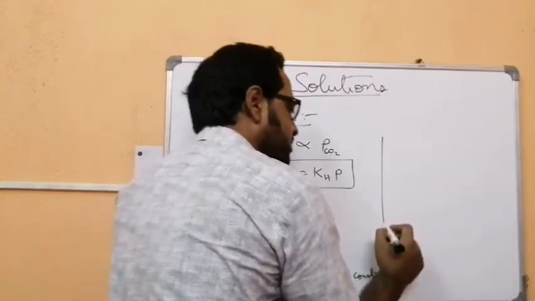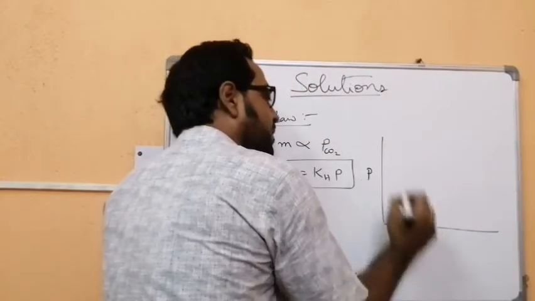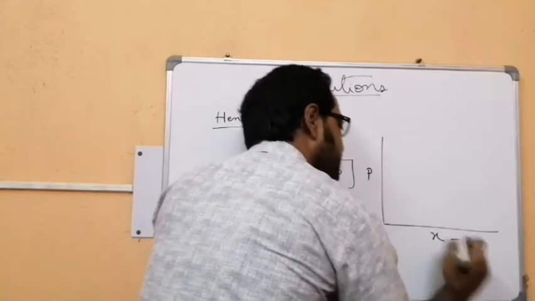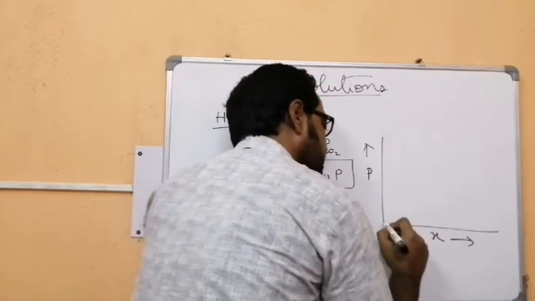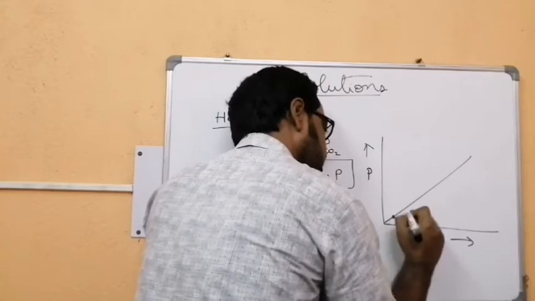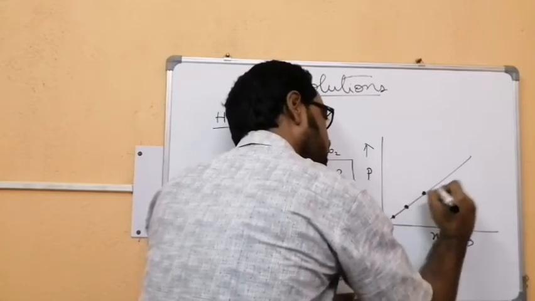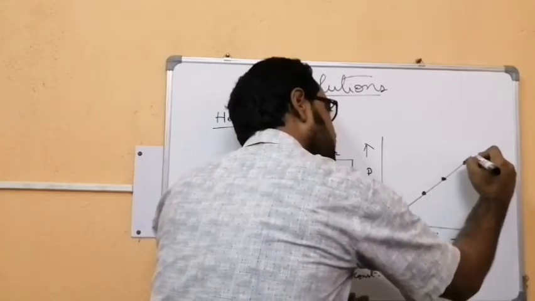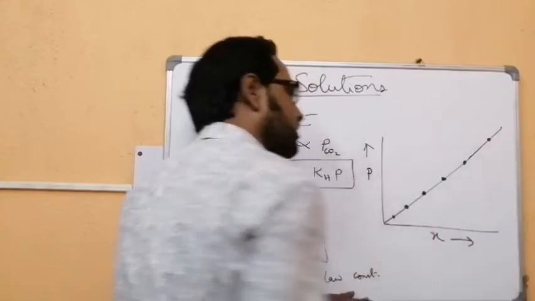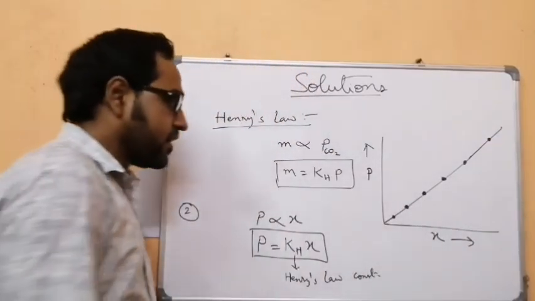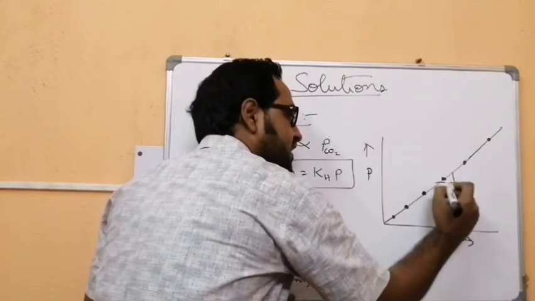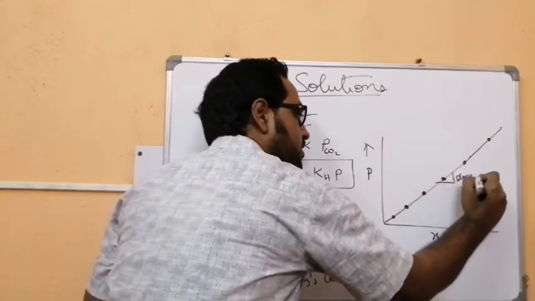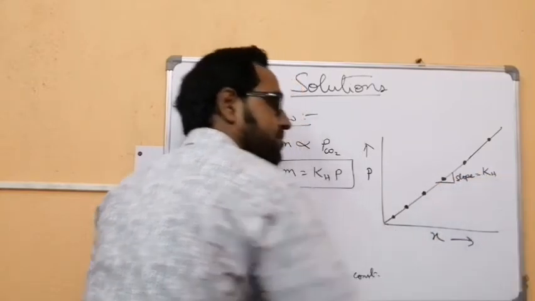So if you plot partial pressure versus mole fraction, then we get a straight line, and from the slope of the straight line, the slope is Kh.